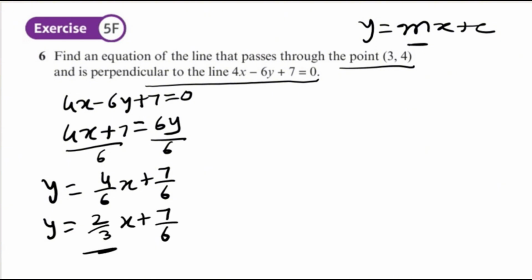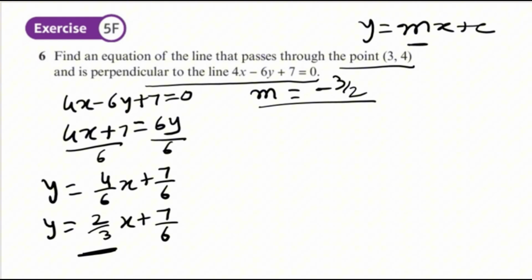So the gradient of this line is 2 over 3. But we have to find the perpendicular gradient. So that means the gradient for the perpendicular line is equal to minus 3 over 2. We have to do the reciprocal and the inverse. That will give you the gradient for the other line, which is the normal line.